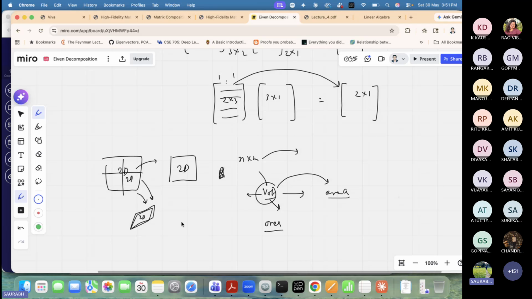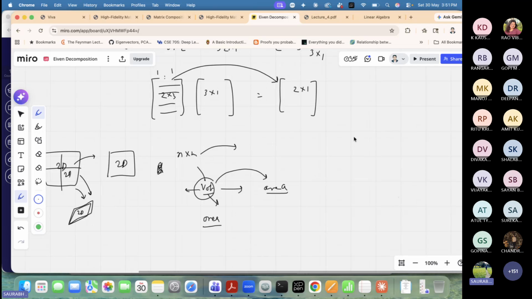When you have a three-dimensional space, you can visualize by how much the volume is changing, because you are mapping from three-dimensional to three-dimensional. But when you have a matrix of n cross m, it's a mapping from m-dimensional to n-dimensional.